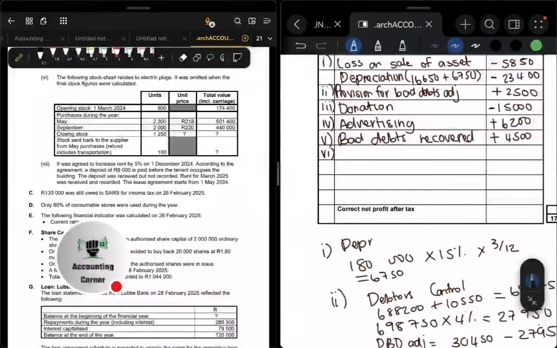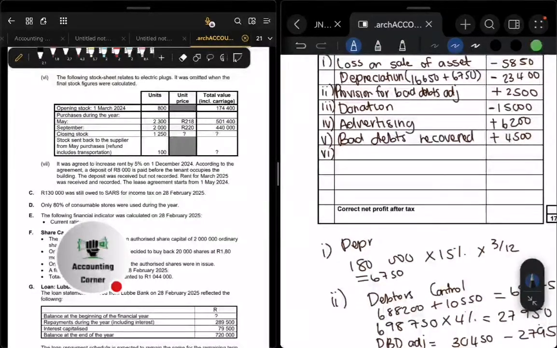Then we get to the rent itself. We're told there was an increase of 5% on the 1st of December 2024. And then we are told the rent for March 2025 was received and recorded. And the lease agreement starts from 1st May 2024.